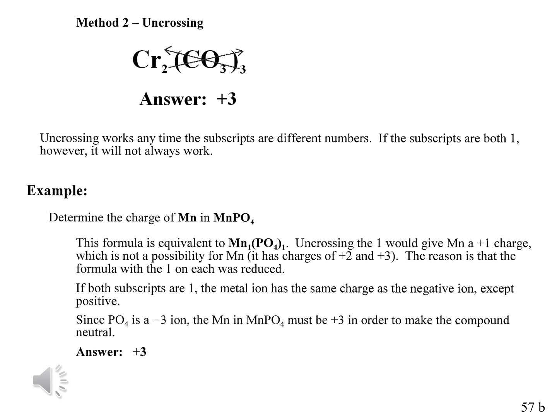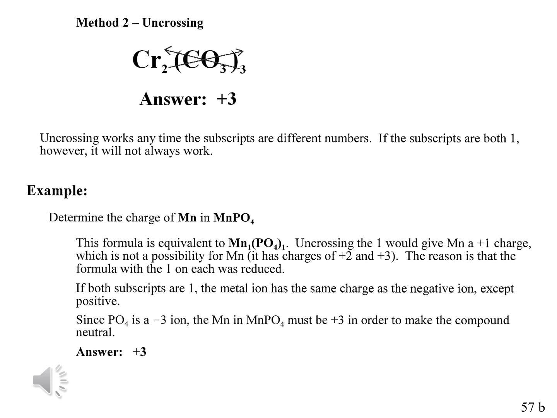The other thing, there's only one problem with using uncrossing, and that is in the formula down at the bottom, manganese phosphate. If both of the subscripts are 1, they have often been reduced. And so that formula is the same as Mn1PO4 1, but if you uncross the 1, you would get a manganese 1, which there is no such thing.